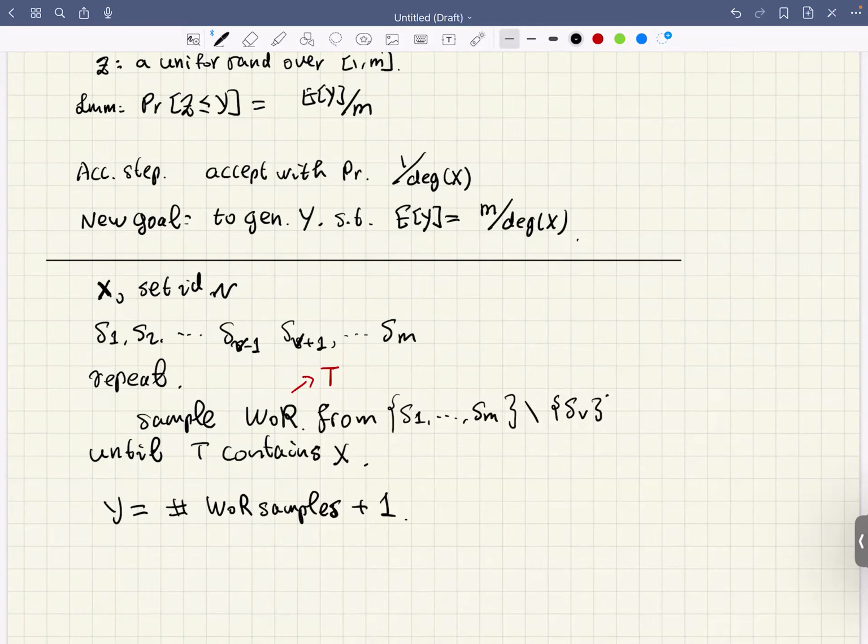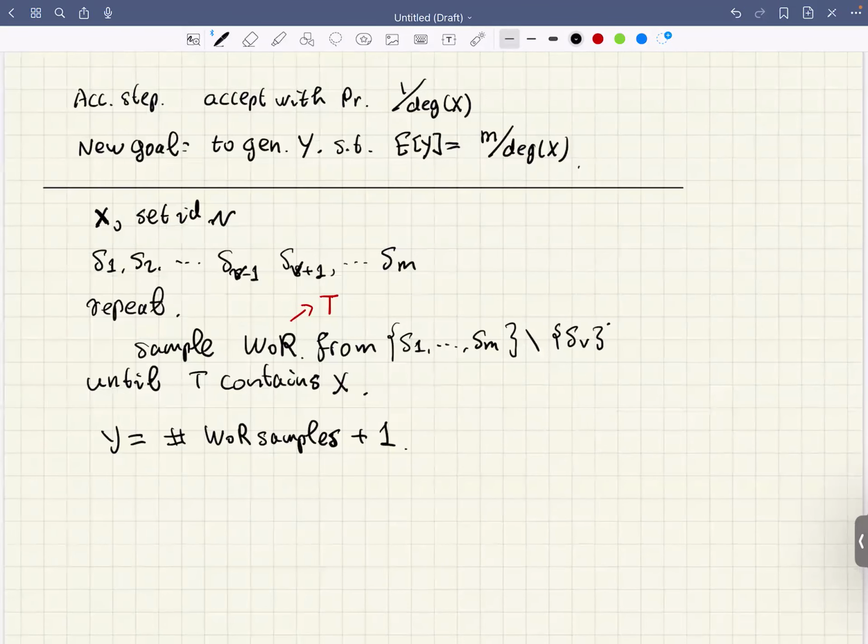Let me see. Must be m minus 1, sample without replacement. Unfortunately, the sampling algorithm is slightly more complicated than what I just said.